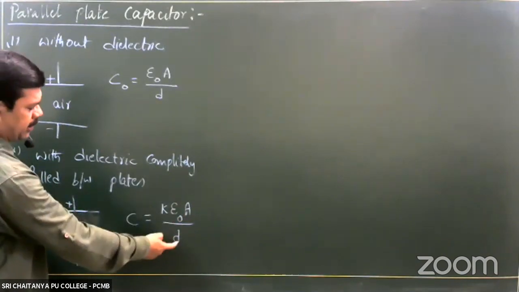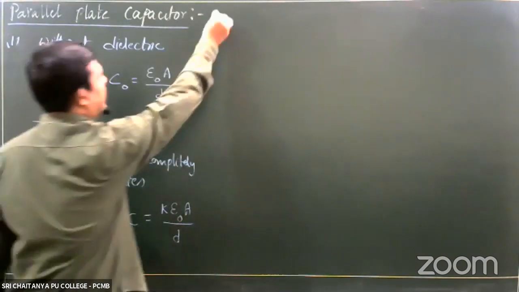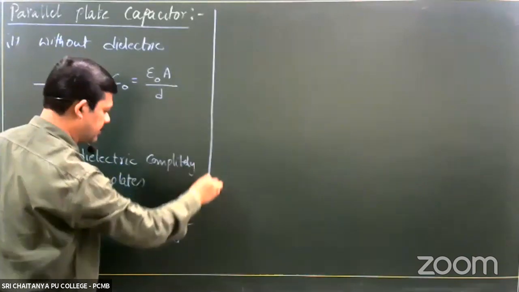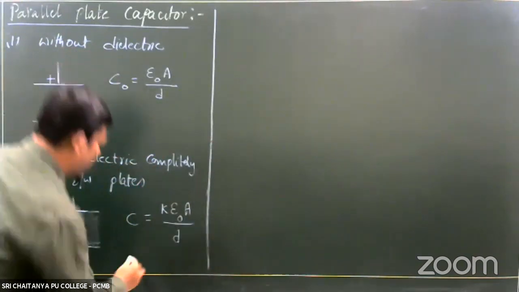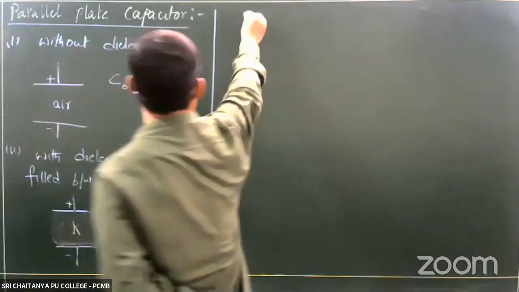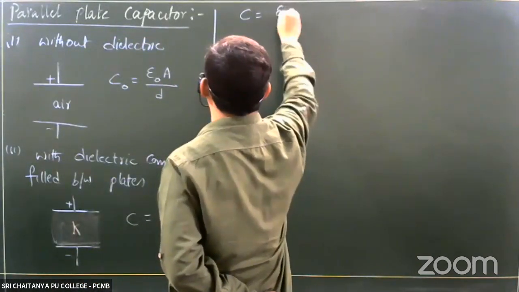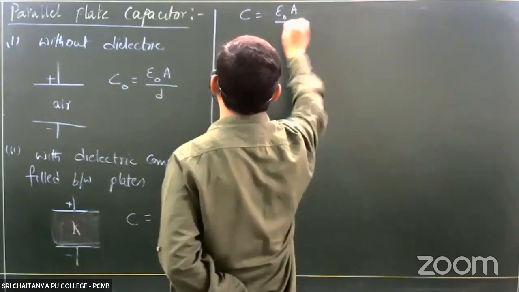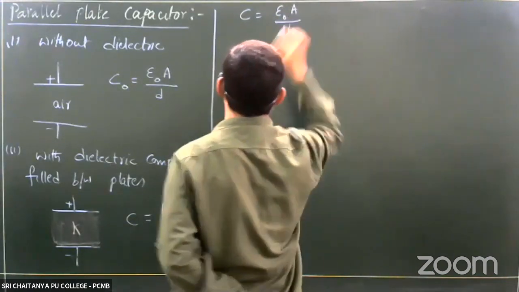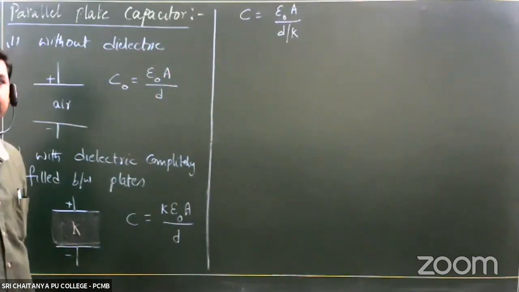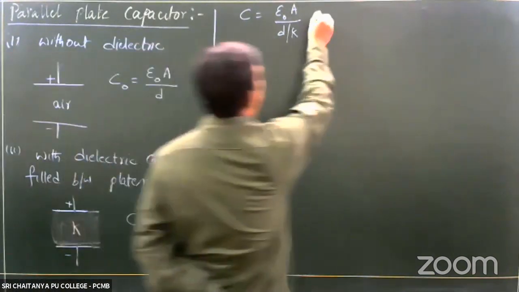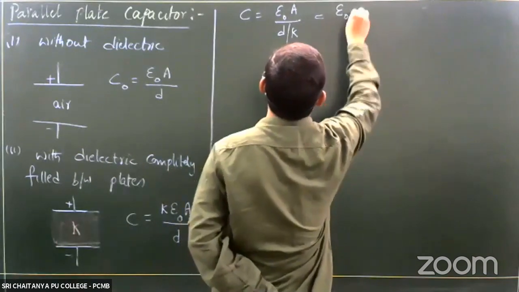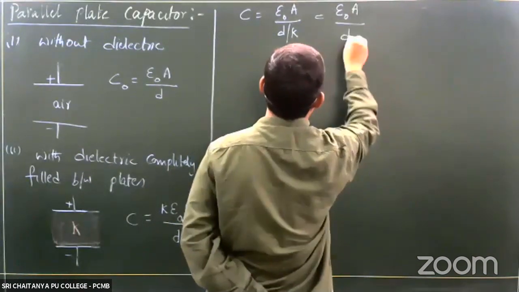K epsilon naught A by D. Can I write this as epsilon naught A by D by K, that is, epsilon naught A by D dash?